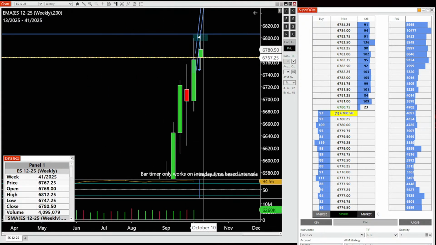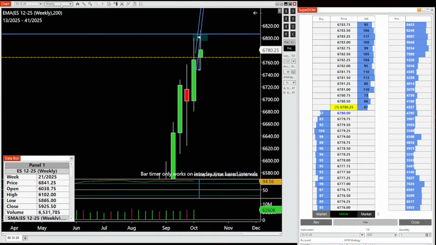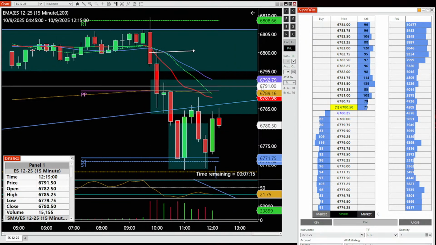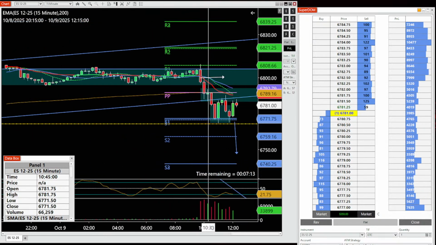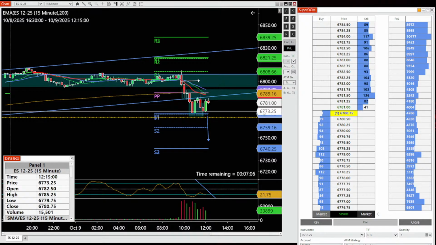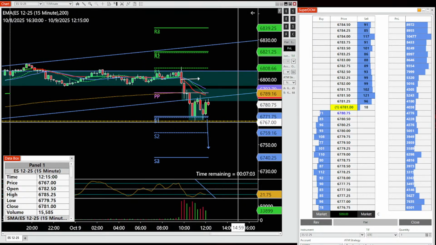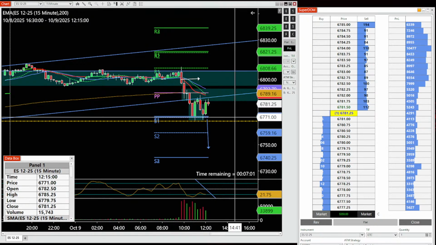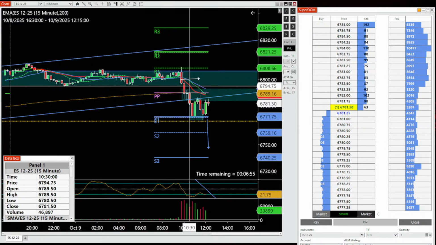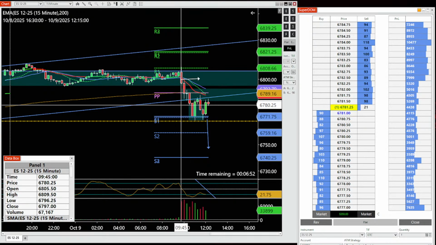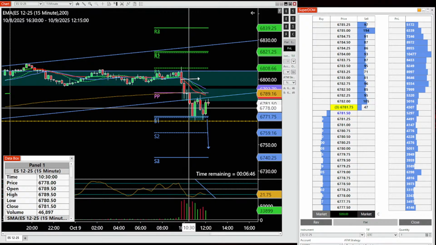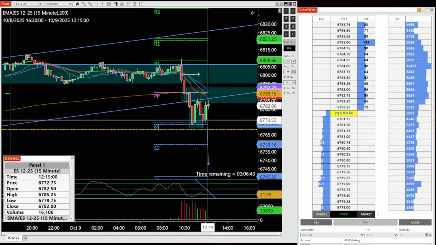We bounced off the weekly open twice. This low is 79.75, so maybe they're trying to squeeze. Came and got some liquidity. It was probably in here.